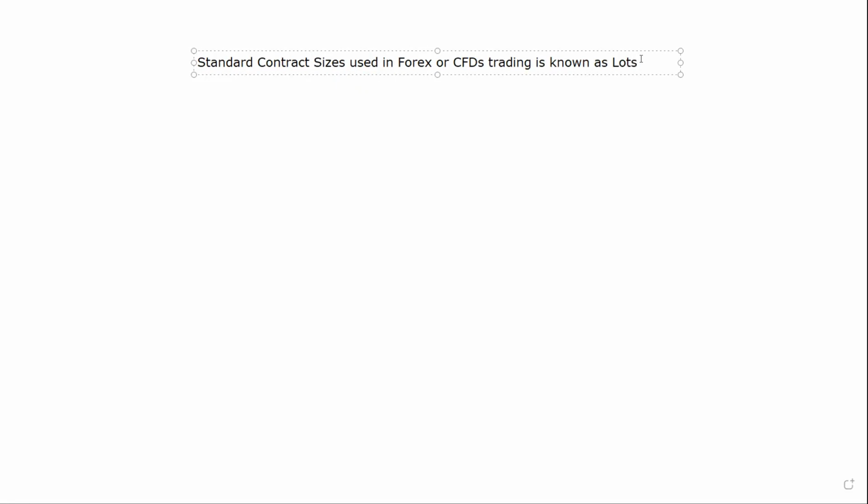And then one standard lot is equal to, so remember that one standard lot is equivalent to 100,000 units of base currency.